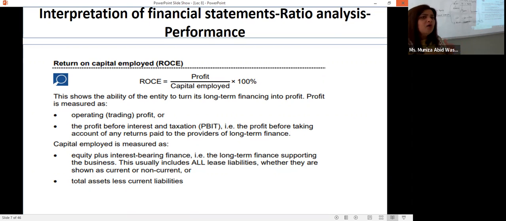So how well, how efficiently the company is using its capital in order to generate profit is known as return on capital employed. If over the passage of time it is increasing, it means that the company has been more efficient in using its economic resources, its capital employed. Otherwise, it's not. Return on capital employed is equal to profit divided by capital employed multiplied by 100.